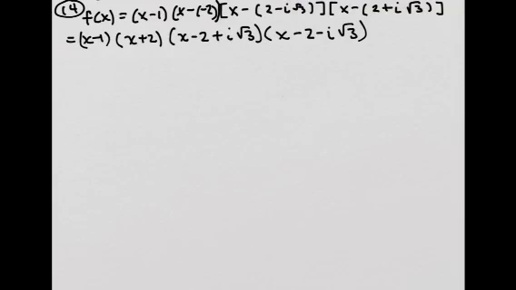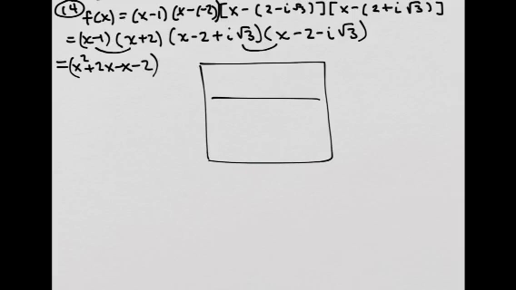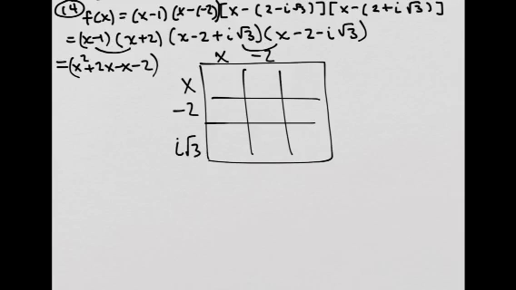Okay, so I'm going to multiply the two binomials together, and then I'll multiply the two trinomials together. So it's x squared plus 2x minus x minus 2. And for this one, I'm just going to do the 3 by 3. So x minus 2 minus i radical 3 and x minus 2 plus i radical 3.